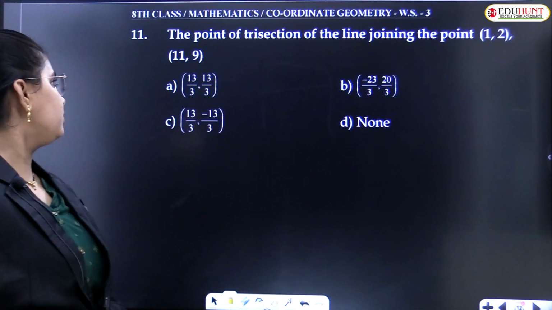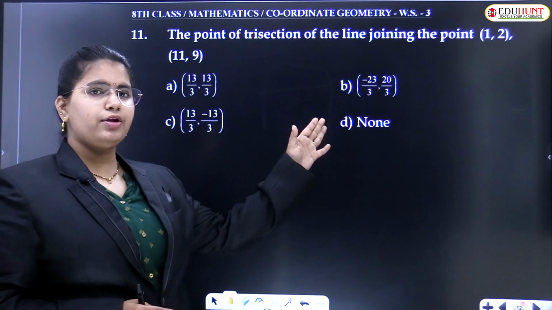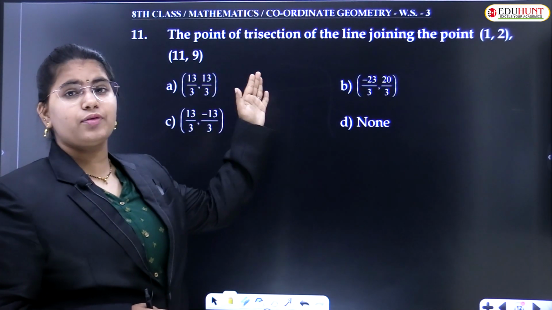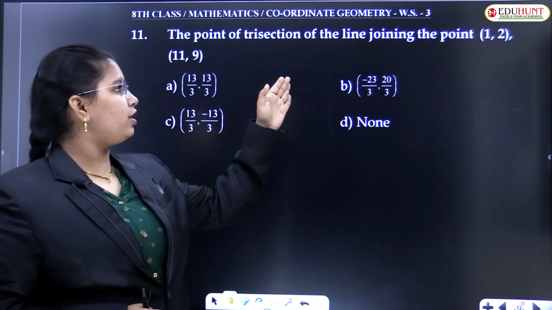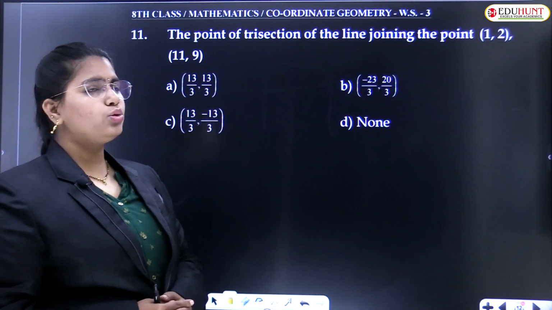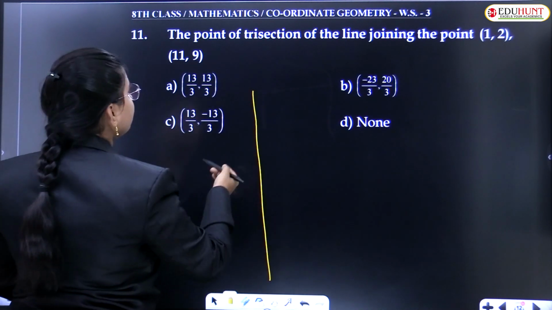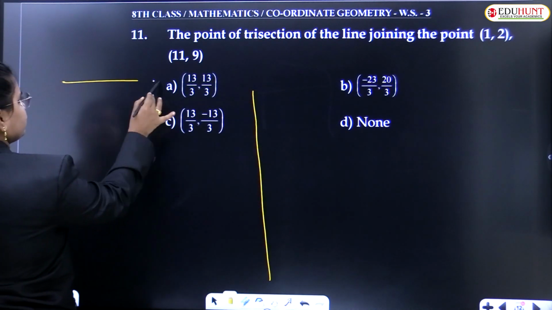What is my next problem? Again, it is based on the same concept. The points of trisection of the line joining the points 1, 2 and 11, 9. So as usual, we'll draw two figures here. What do you mean by trisection?